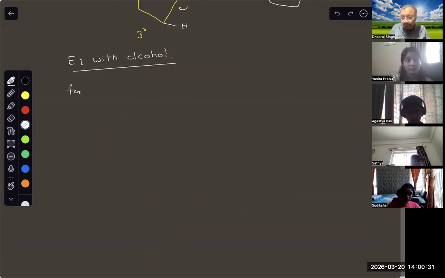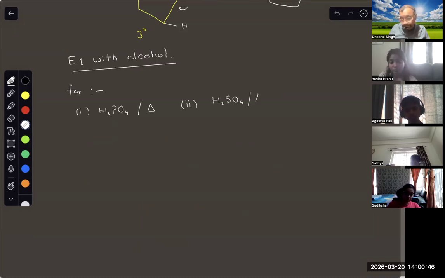For that, we will have either H3PO4 slash heat, or H2SO4 slash heat. Heat, delta, is important.